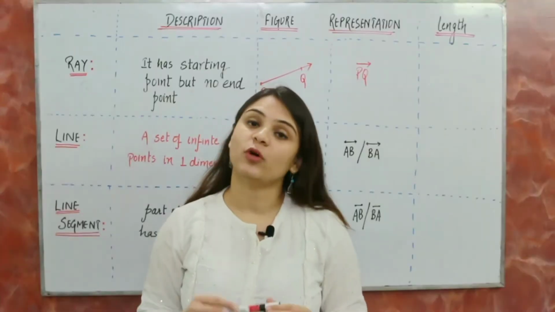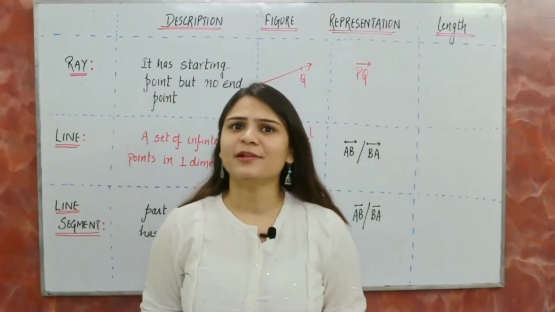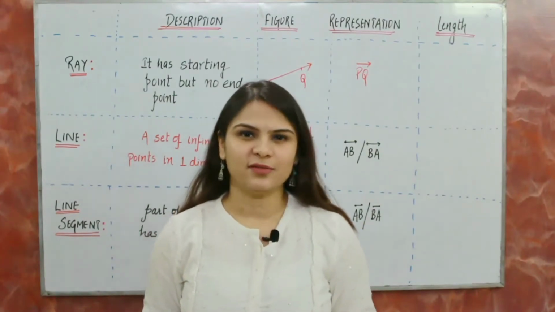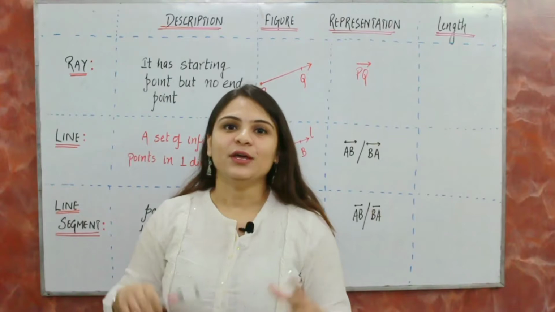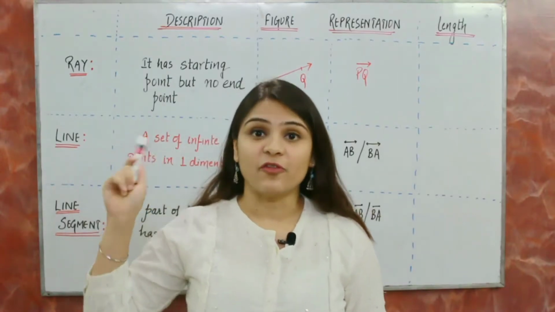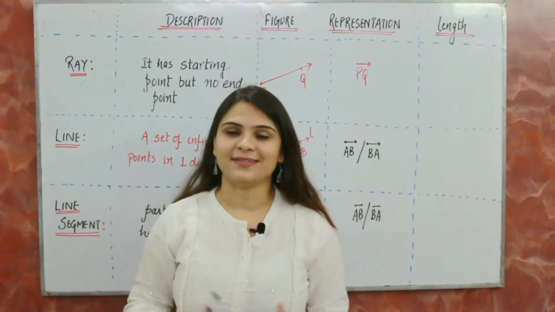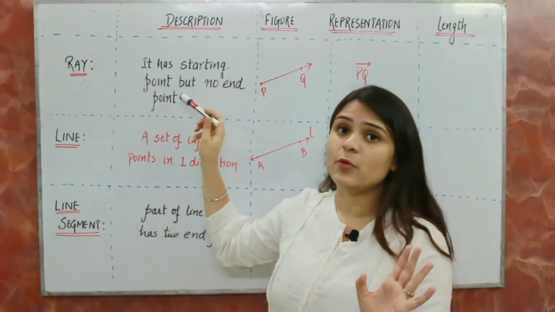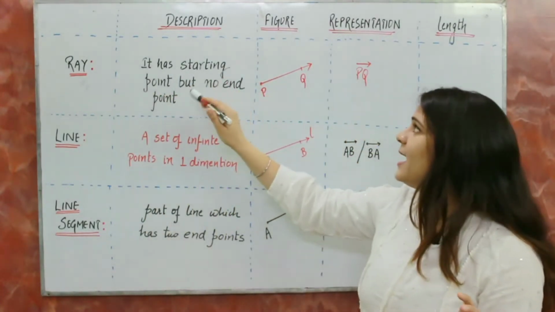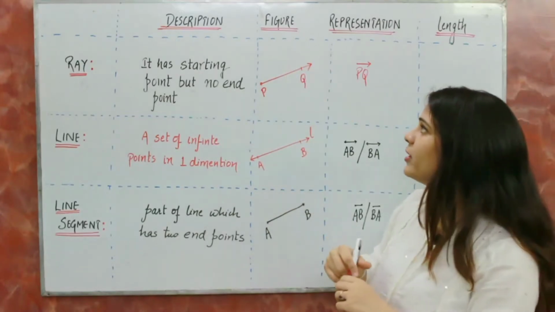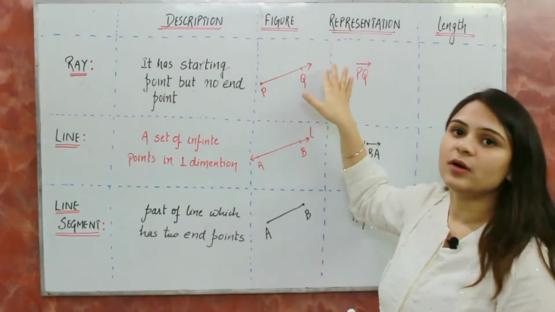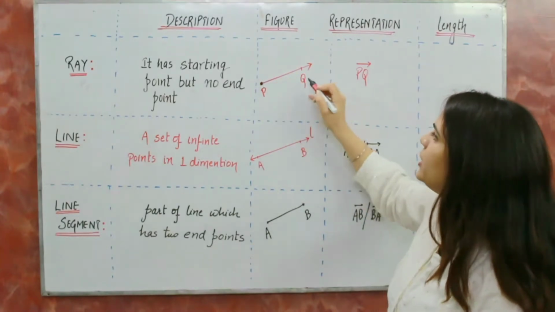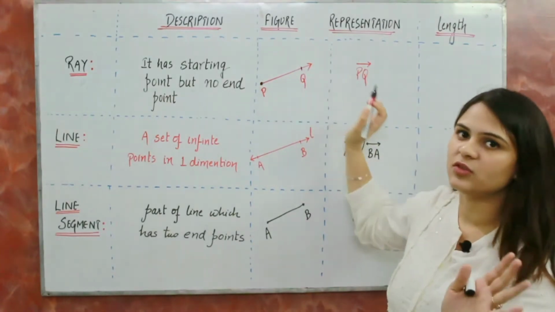Now we will discuss what is meant by a ray. Tell me, what comes to your mind when you think of a ray? Is it sun rays? Right. You see, these rays start from a point and go endlessly. So yes, a ray is something which has a starting point but no end point. And this is how you can make a figure of a ray. PQ is a ray where P is the end point and Q is a point somewhere on this ray.